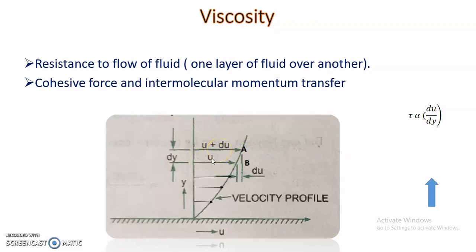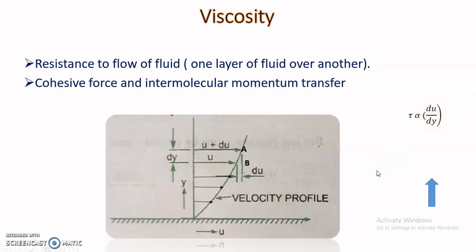Clear? And this shear stress, denoted by tau, is proportional to the rate of change of velocity with respect to y. Mathematically, tau is directly proportional to du by dy. This is the change of velocity with respect to y, and we call it the velocity gradient.